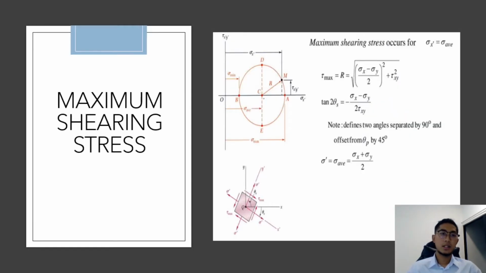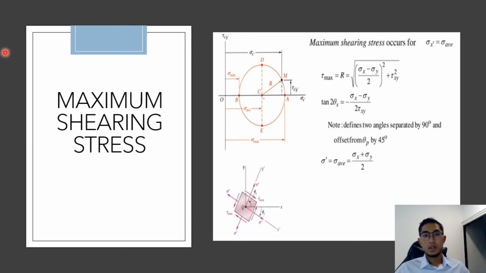To calculate maximum shearing stress, we need to use this formula. For your information, sigma x prime is equal to sigma average. So let's look at this formula. Tau max is equal to r, which is equal to the square root of ((sigma x minus sigma y) per 2) squared plus tau squared xy.